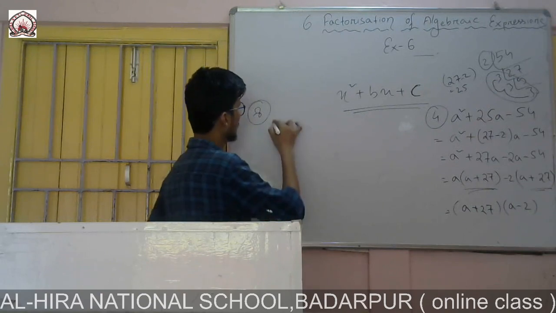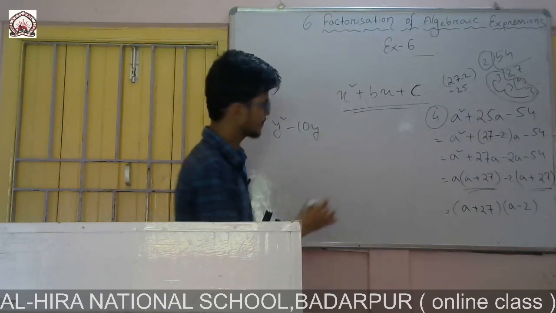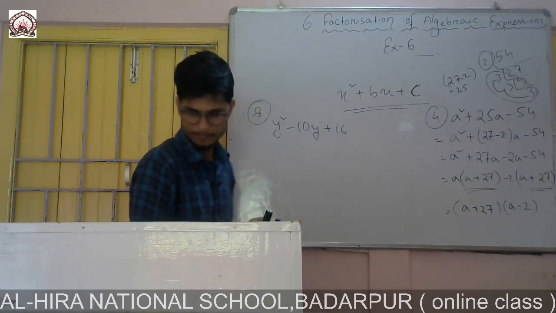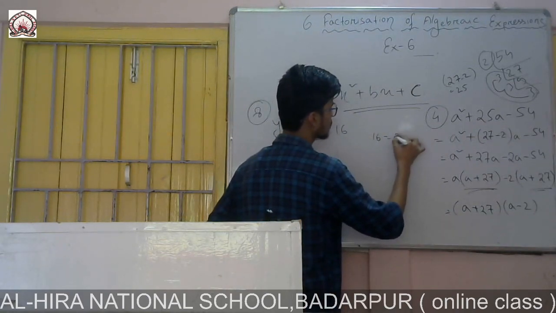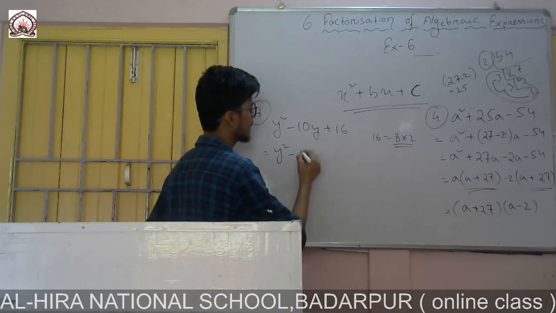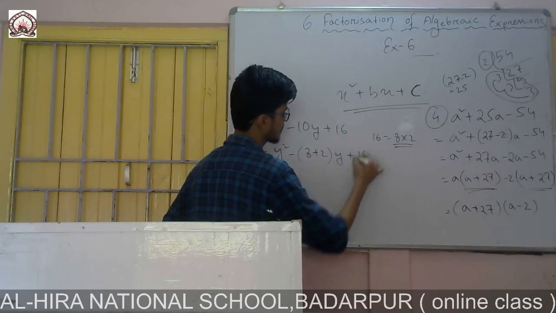Given y square minus 10y plus 16. So 16, this one I can easily find. 8 2s are 16, 8 into 2. So in place of 10, I can write 8 plus 2, y plus 16.